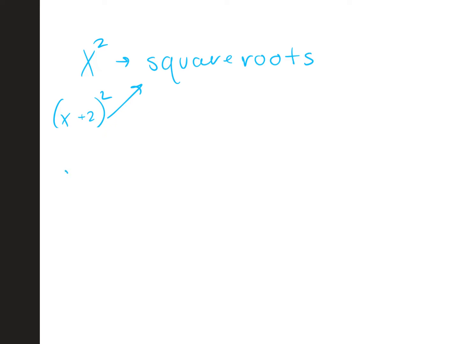But if I have an x squared and an x and some number, it has to be equal to 0, and then I want to solve it by factoring. So whenever you have an x squared and an x, you have to solve by factoring. You can't solve by just taking the square root, because x squared and x are not like terms, so there's no other way to do it besides factoring.